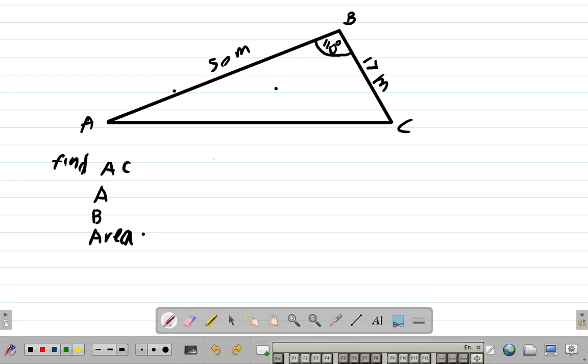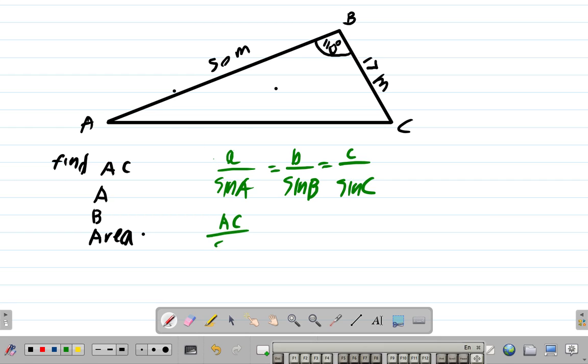If we try the sine rule, remember what it says, is that the side a over the sine of angle A is the side b over the sine of angle B, is side c divided by sine of angle C. So here now, this side AC over the sine of the angle opposite to it, 110 degrees, is equal to BC, let's use 17, over the sine of angle A. Angle A would be the same as BAC.